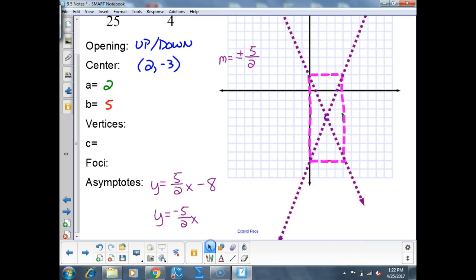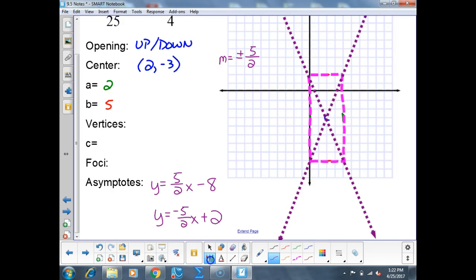The other one has the negative slope, and that one has a y-intercept of positive 2, because the side of my box was on the y-axis.